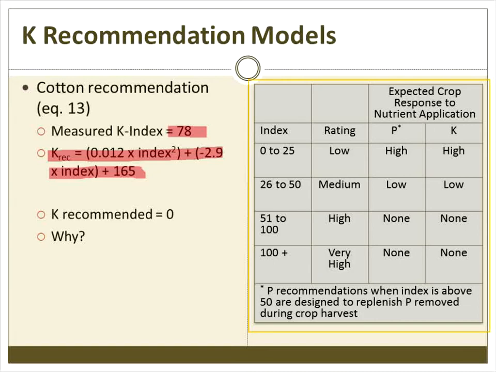Can we not quickly and easily look at that measured index of 78 and say, oh, hey, we're in that 51 to 100 range, we probably don't necessarily need any. There's not going to be any potassium recommended, perhaps. Yeah, so that's one way to save yourself even more time. Look at that K-index, see a 78, and you go, well, that's going to be 0. Why? Because it's not going to be responsive.